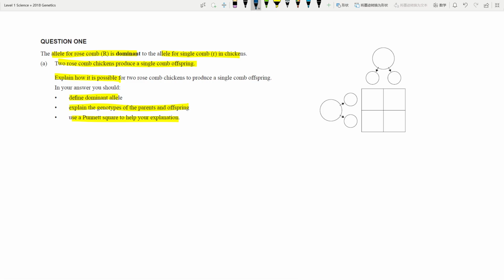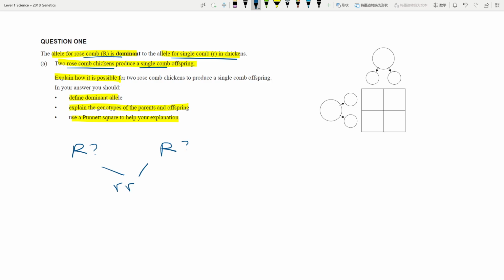So first things first, the allele for rose comb is dominant, and so the two rose comb chickens, which are the parents, must both have at least one capital R. The allele for single comb is the recessive allele, which is a small r. So these two parents, whose genotypes we don't know yet, produced an offspring that has single comb, which is small r.